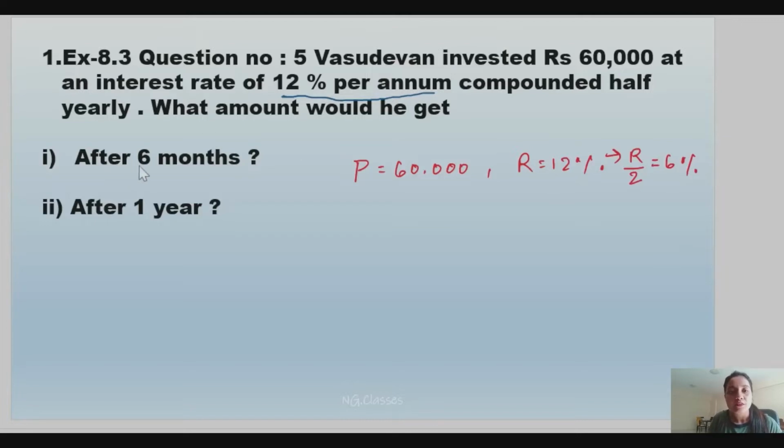And it is asking for 6 months. Time period for the first case is 6 months. This time period we will always keep in years. So here 6 months I can write as half year. When you divide 6 by 12, you will get half year. So always we will keep the time period in years. Now apply the formula for amount.